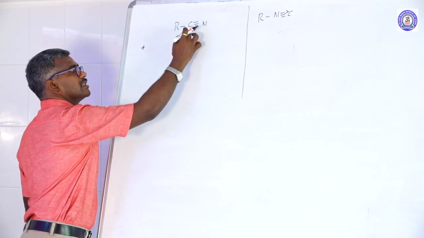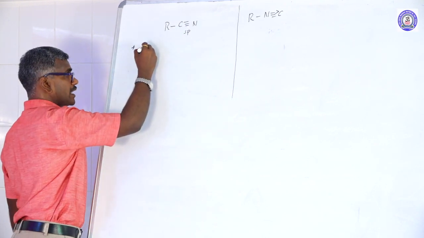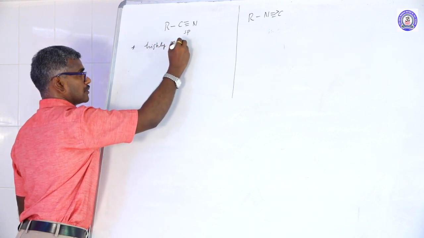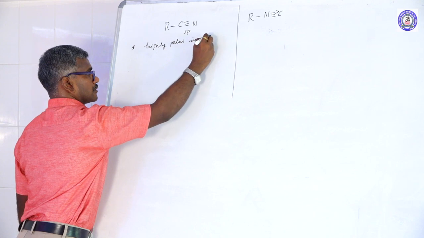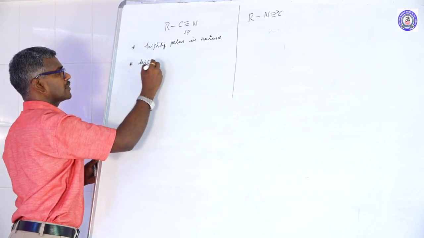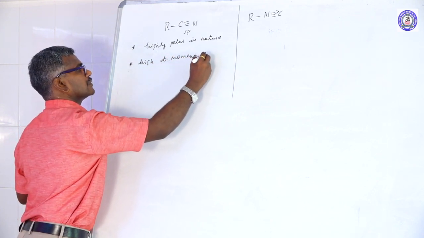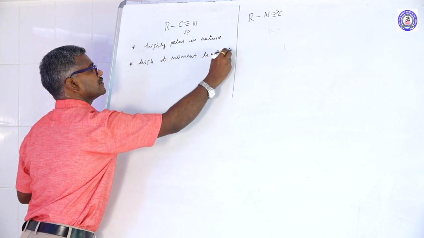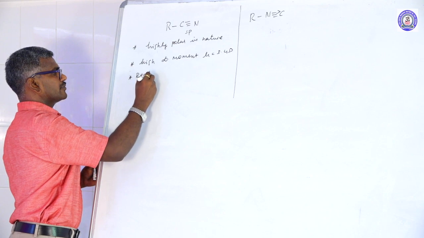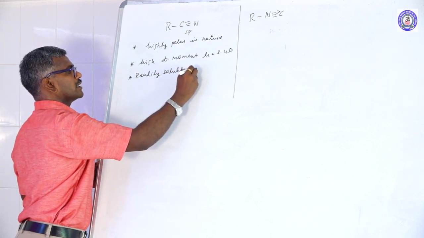Carbon and nitrogen are sp hybridized with different electronegativity, so highly polar nature. Another property is high dipole moment, 3.4. Another one is readily soluble in water.